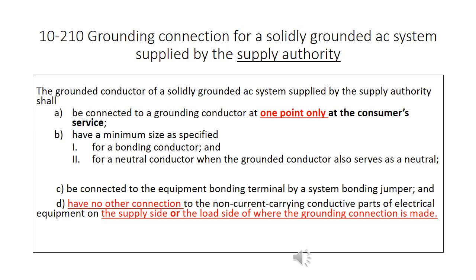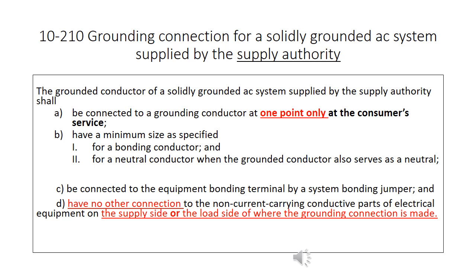For a neutral conductor where the grounded conductor also serves as a neutral. Subrule C. Be connected to the equipment bonding terminal by a system bonding jumper. And D. Have no other connection to the non-current carrying conductive parts of electrical equipment on the supply side or the load side of where the grounding connection is made.